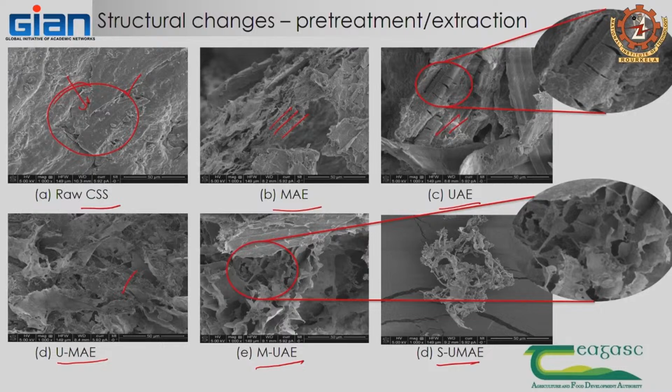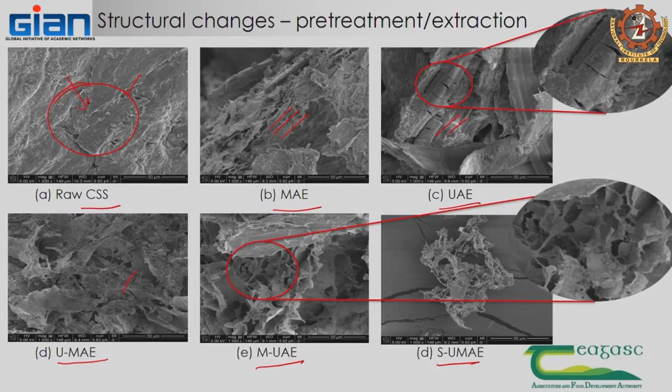The whole purpose here was how you disrupt the matrix so nicely that it absorbs the solvent at a much faster rate, solubilizes the solute and you remove the residue. That is the whole purpose of disrupting the cellular matrix.